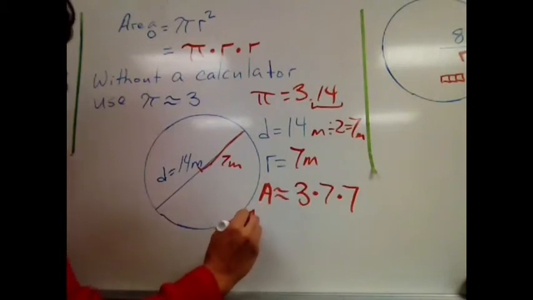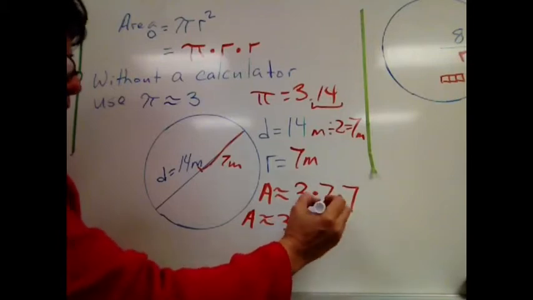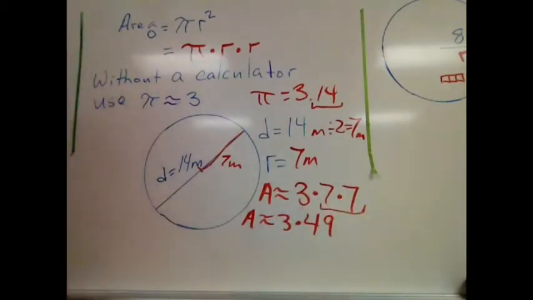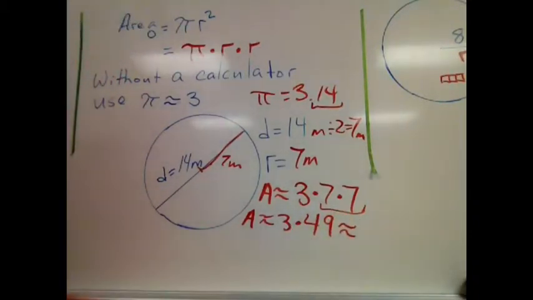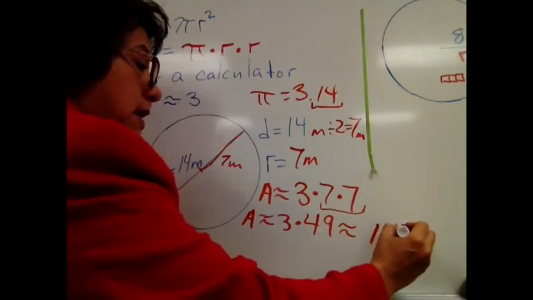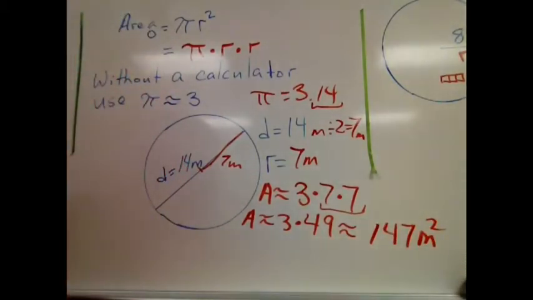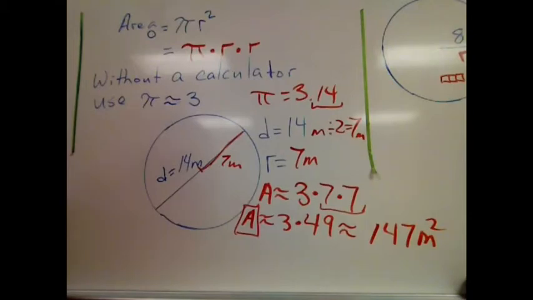A is approximately 3 times 7 times 7, which is 49. And our approximation is going to be equal to 147 meters squared. It's got to be squared because this is area. Area is always squared.